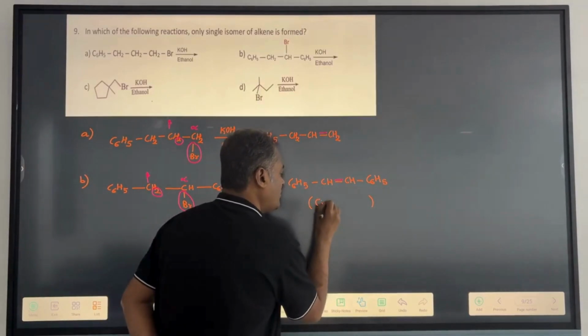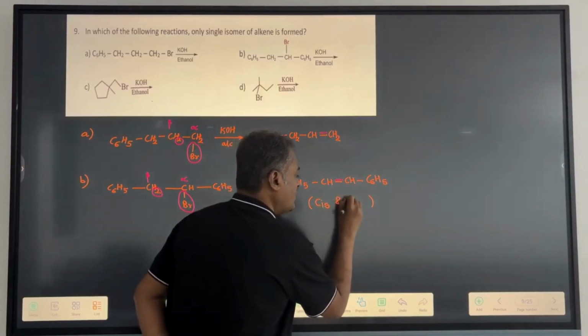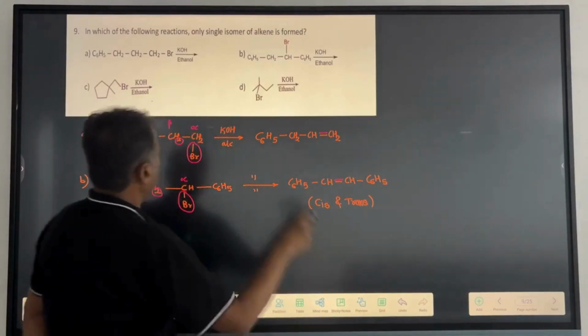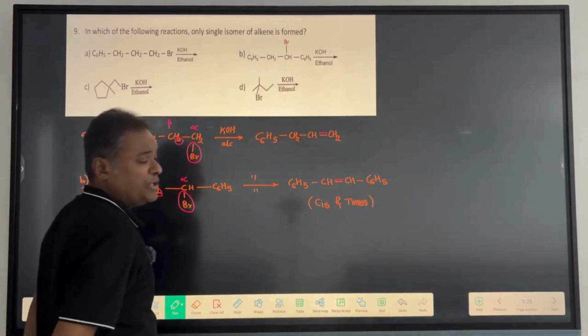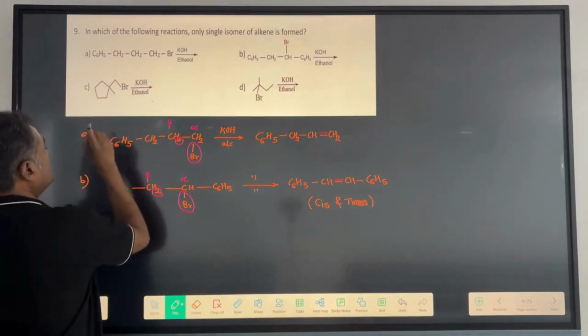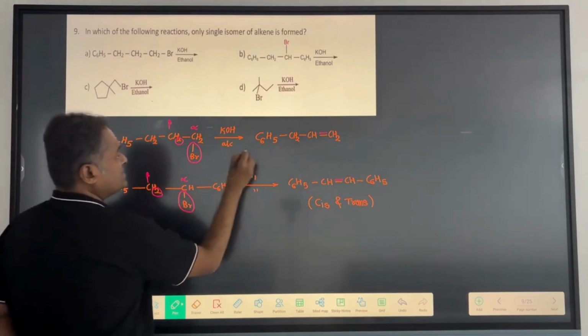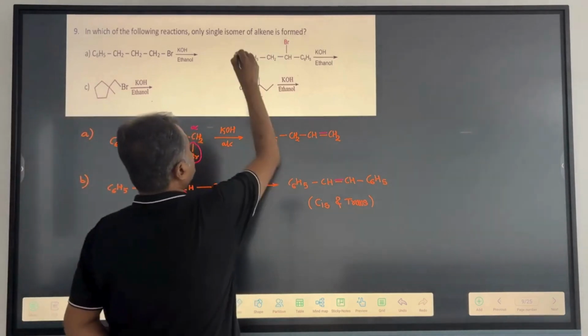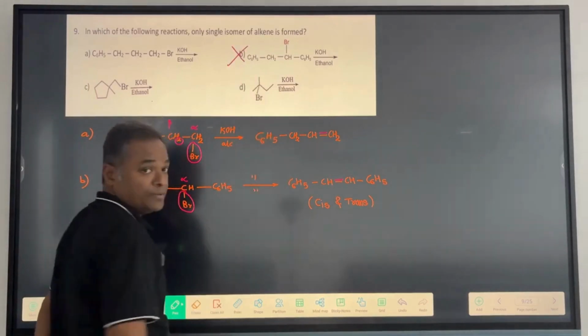So here it will be one cis alkene and other one would be trans. So as per the question, only one single isomer should be obtained. So your correct answer up till now looks like option A, but in the option B we have got 2 options available, so this is not possible.